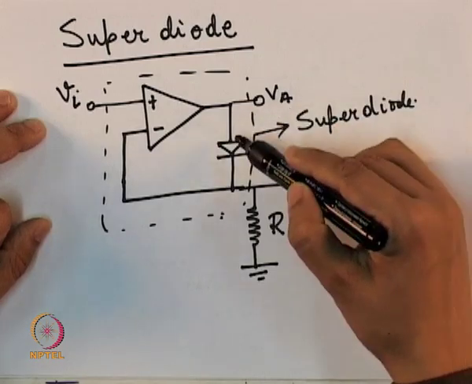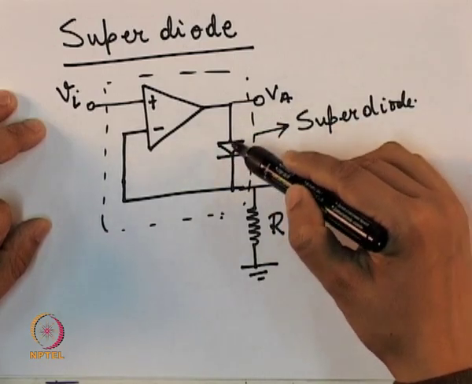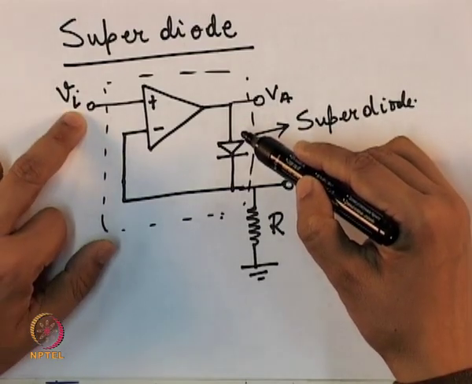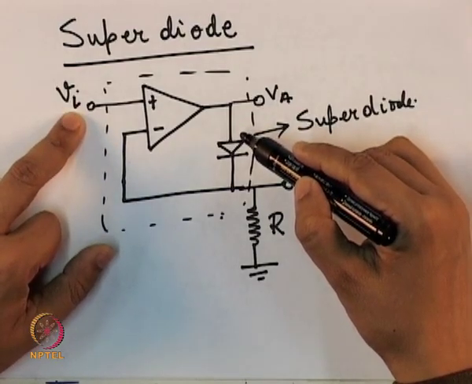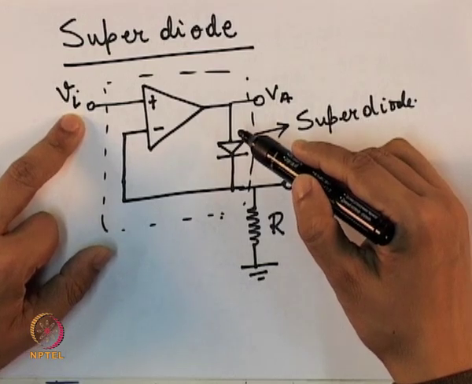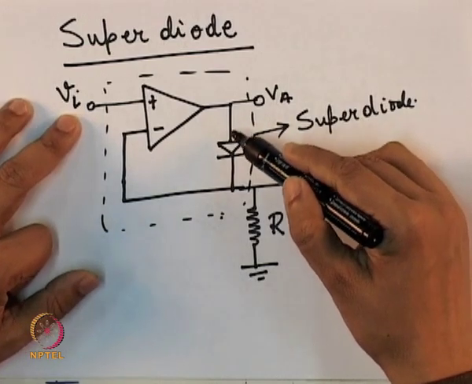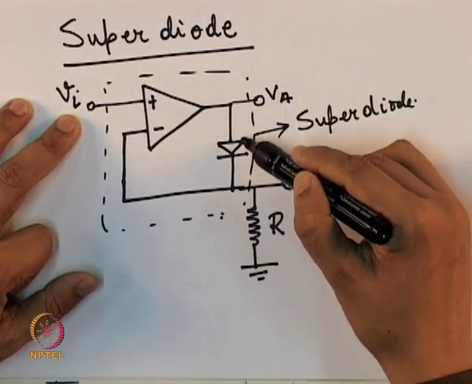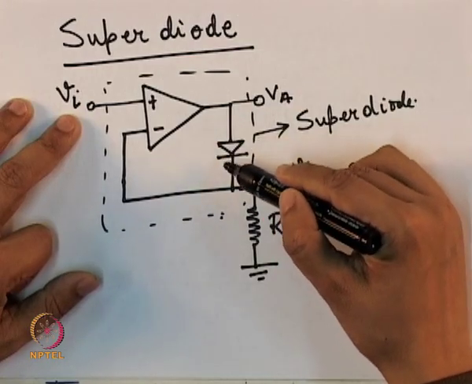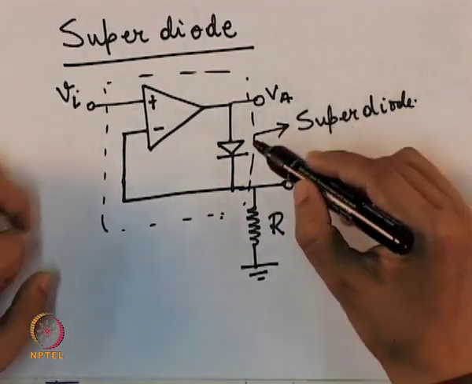So, inevitably, because this diode is connected in this fashion, whatever positive voltage we present here will cause this diode to go to forward bias mode.